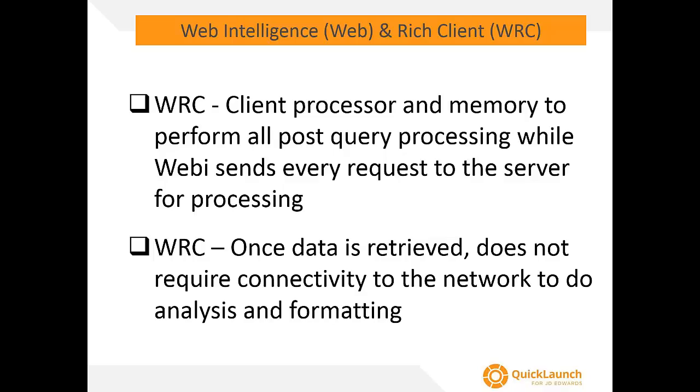Whereas if you're going through Business Objects and using web intelligence over the web, then every time you change a format, that processing is happening on the server instead of the client.